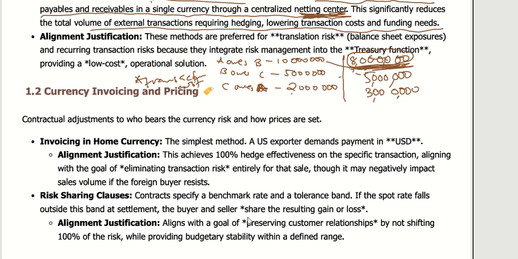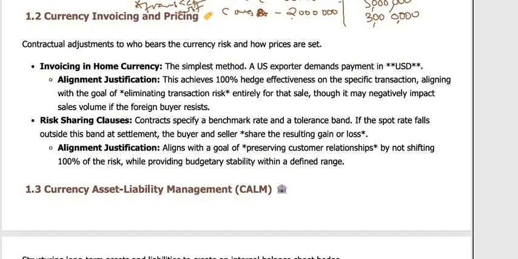So other methods which are organic would include the issue of currency invoicing and pricing. Again, this one is the simplest method that you could use. Basically, if you are a US exporter or a Zambian exporter, the Zambian exporter demands payment in the Zambian kwacha.